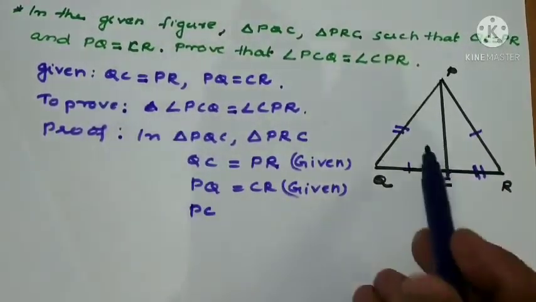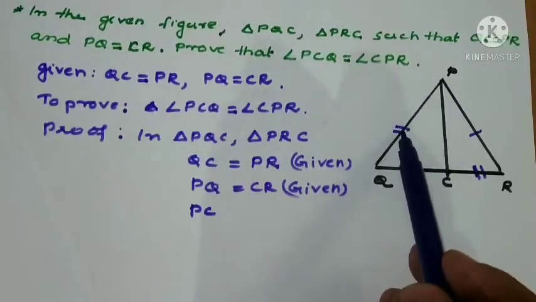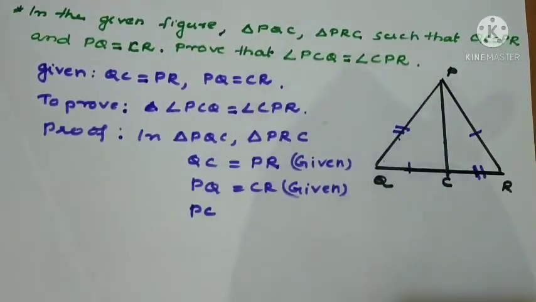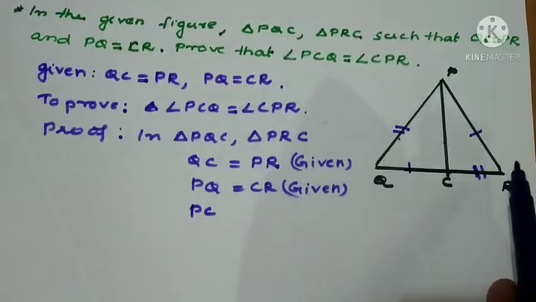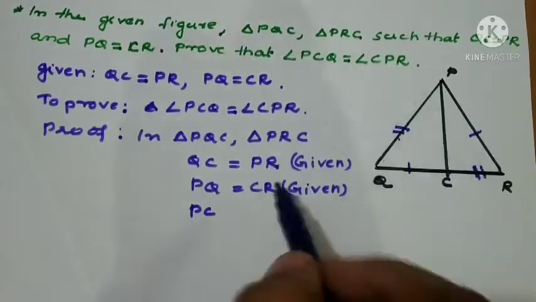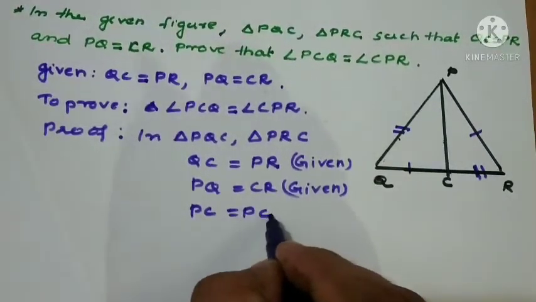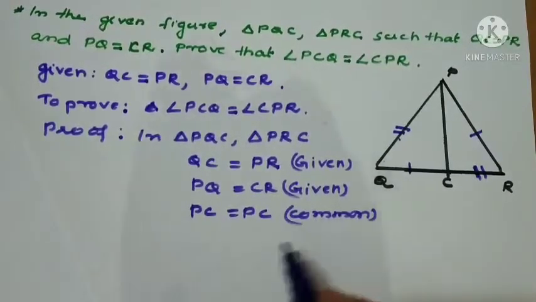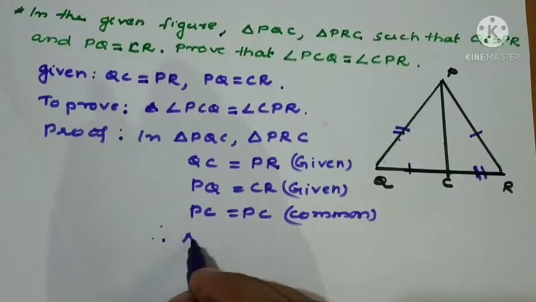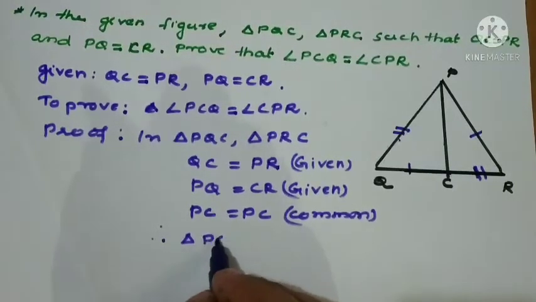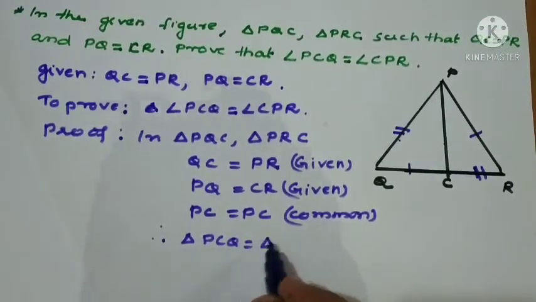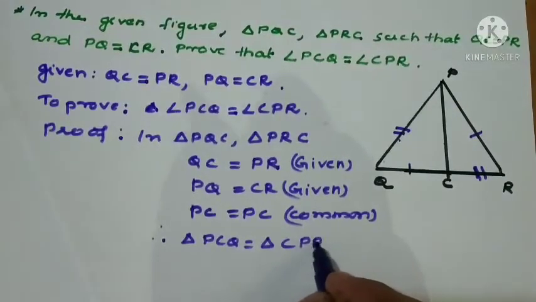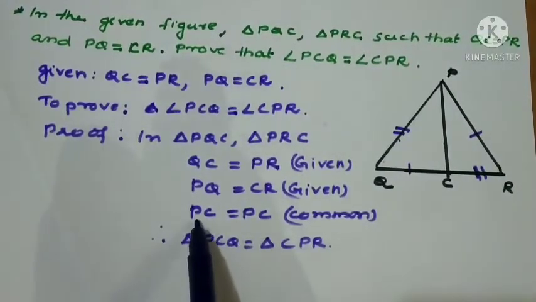Let us check that. PQC, first side, second side, third side. Right? Triangle PRC, first side, second side, third side. So PC equal to PC common. Therefore, triangle PCQ is congruent to triangle CPR. Just check the order. PC and PC here.